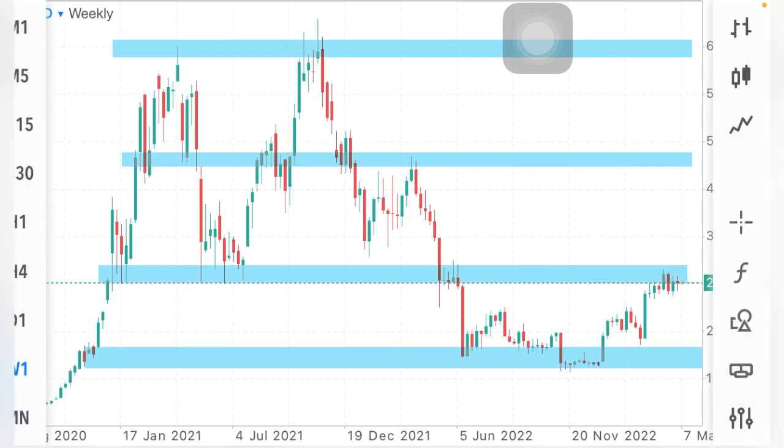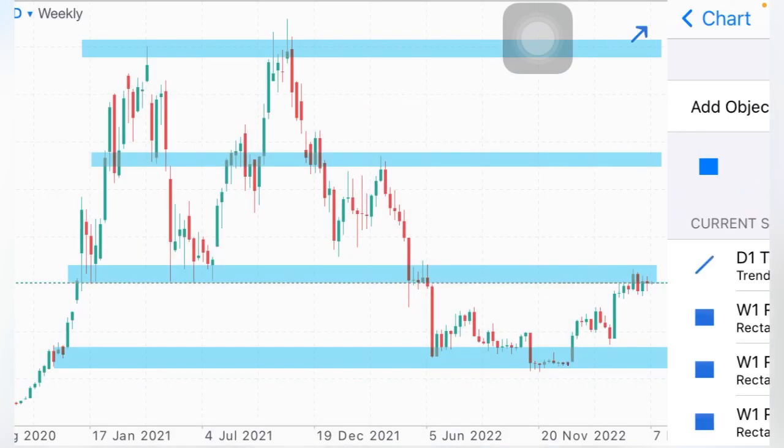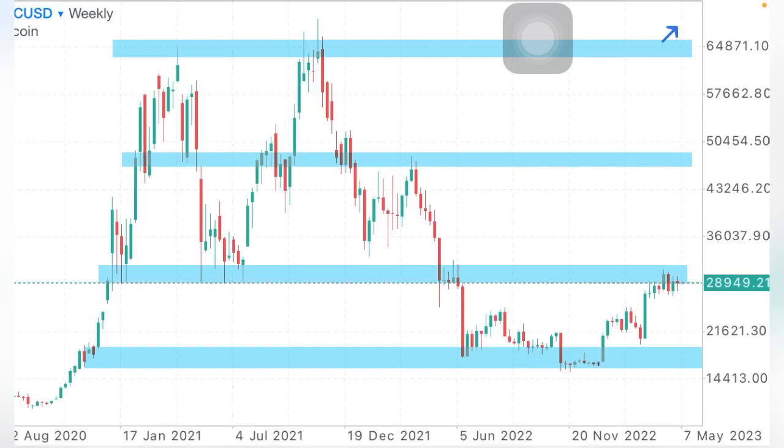What I'm going to do now, let me get this illustration too so that you understand why this happens to be my support. It is because the market tested here where this arrow is and could not break it. Tested back here, you can see this arrow, and could not break it. Now here is currently where the market is, and here is the resistance.